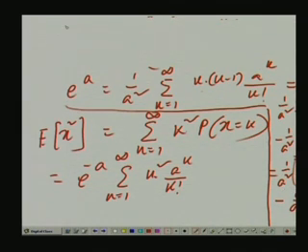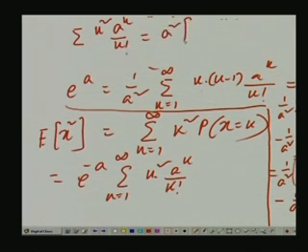So, that means what is this quantity? There is a question, right. So, this is equal to a square times, and e to the power a is common. So, you can as well push a e to the power minus a here.